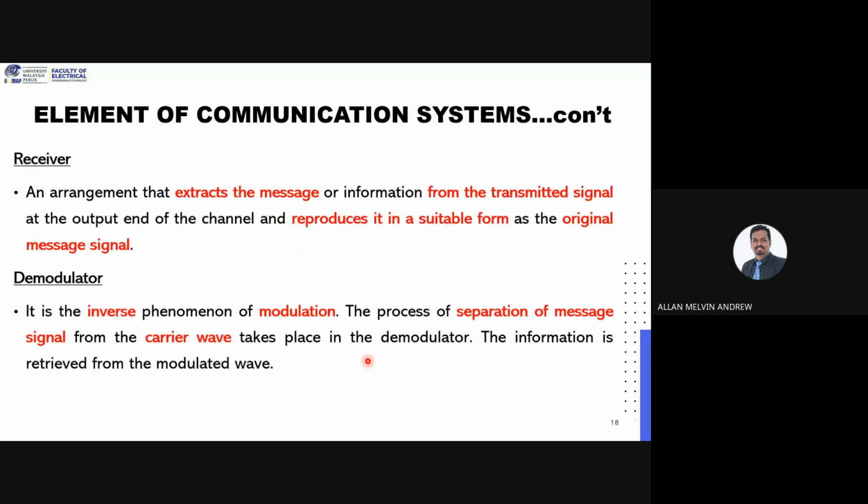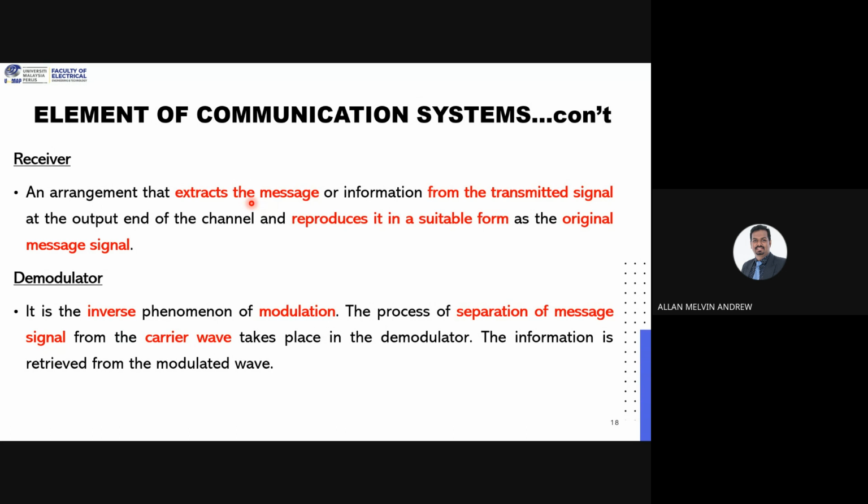Okay, so the receiver. Okay, so what is a receiver? I already explained. So similar to the transmitter. Transmitter will collect the message and it will send. So receiver, it will receive. So it's the opposite of the transmitter. So it is the arrangement that extracts the message or information from the transmitted signal at the output end of the channel and reproduces it into a suitable form as the original message signal. Okay, so once you transmit, you have already modulated, you already packaged it nicely and you send.